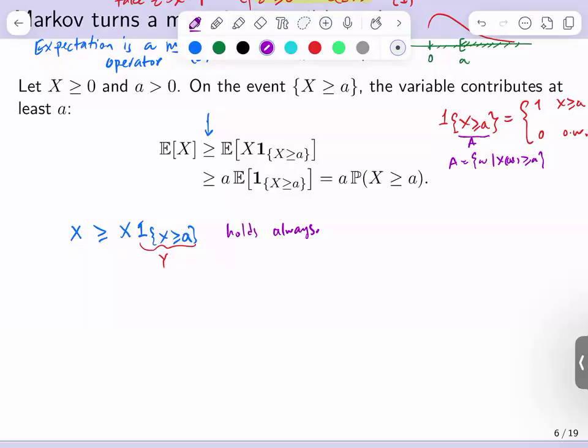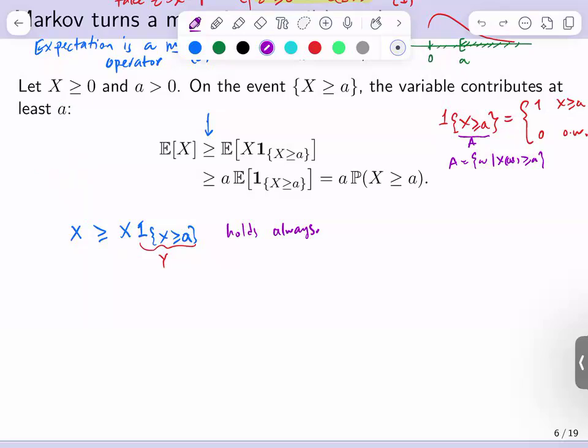Either x is bigger than or equal to a, in which case you get x less than or equal to x because the indicator is 1, which is true, or x is less than a, in which case the indicator is 0. This comes out as x bigger than or equal to 0, which is true by assumption. So in either case, this inequality holds.